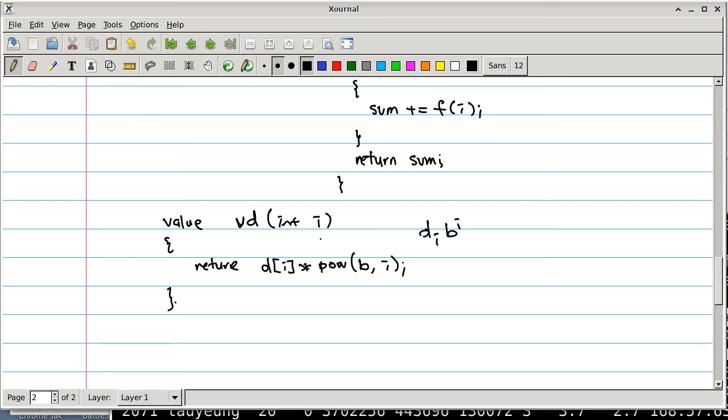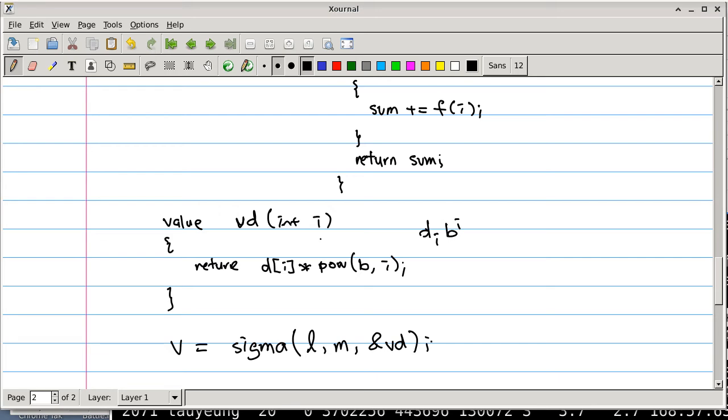Okay. So now we can go back to the original equation. So v is basically applying sigma as a C function. We specify L as the lower bound, what is our least significant digit, M, which is what is the most significant digit, and then what we do is we pass VD as the third parameter, or the address of VD as the third parameter.